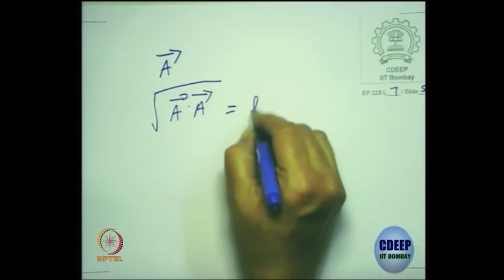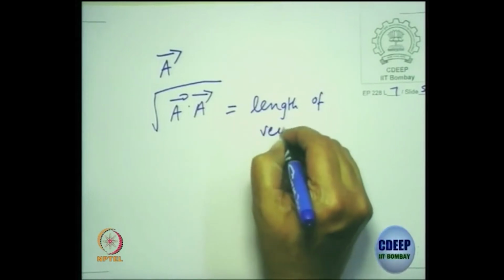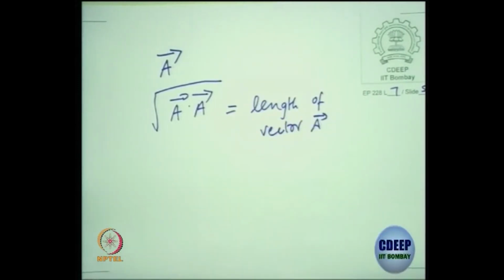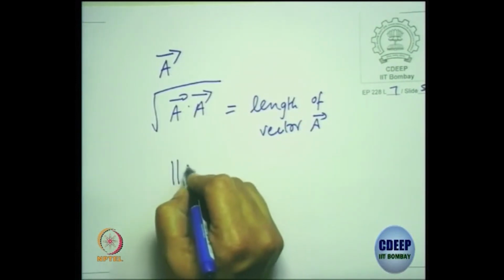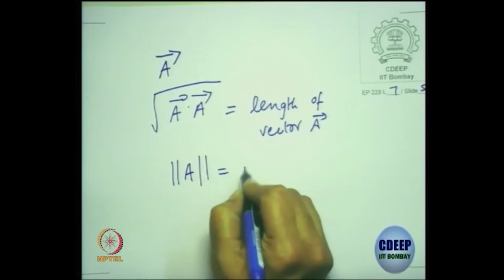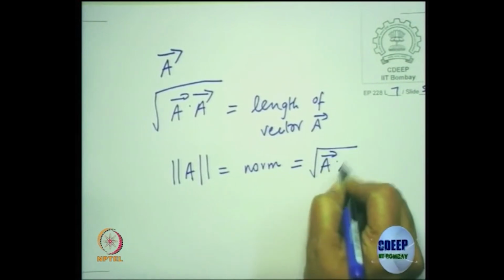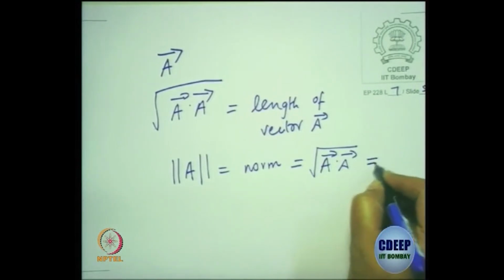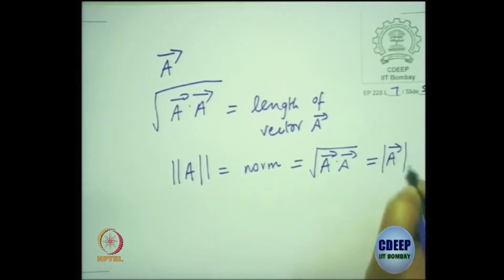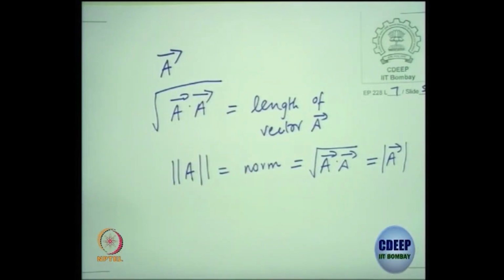This is what you will say is the length of vector A, which is formally sometimes written as the norm, which is nothing but the square root of A dot A. Sometimes people also write in vector calculus the magnitude of the vector A. Is that right?